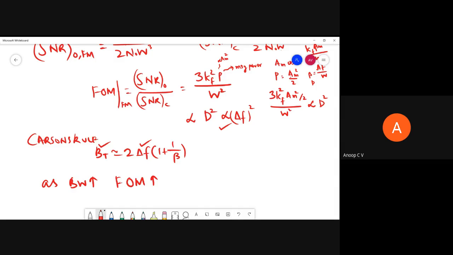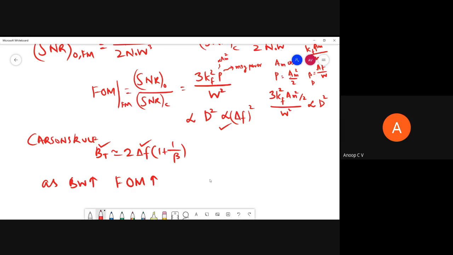Do you remember that statement? While mentioning the properties of angle modulation or FM, it has a capability of giving better noise performance at the expense of additional bandwidth.